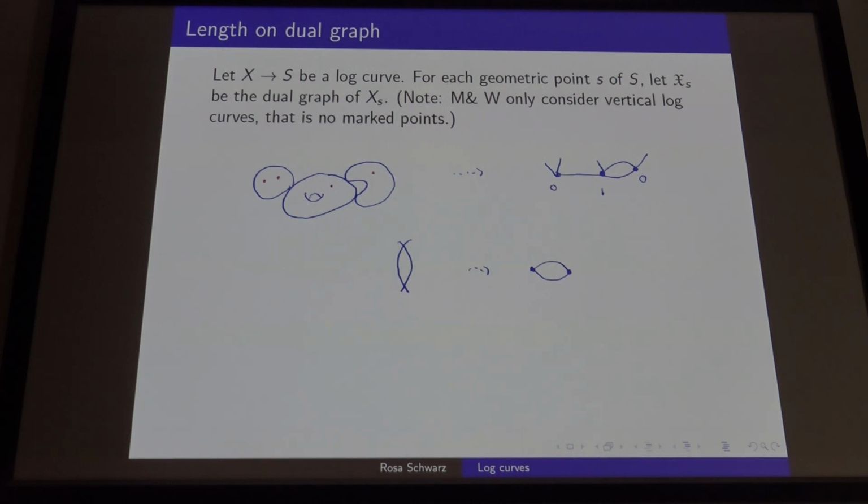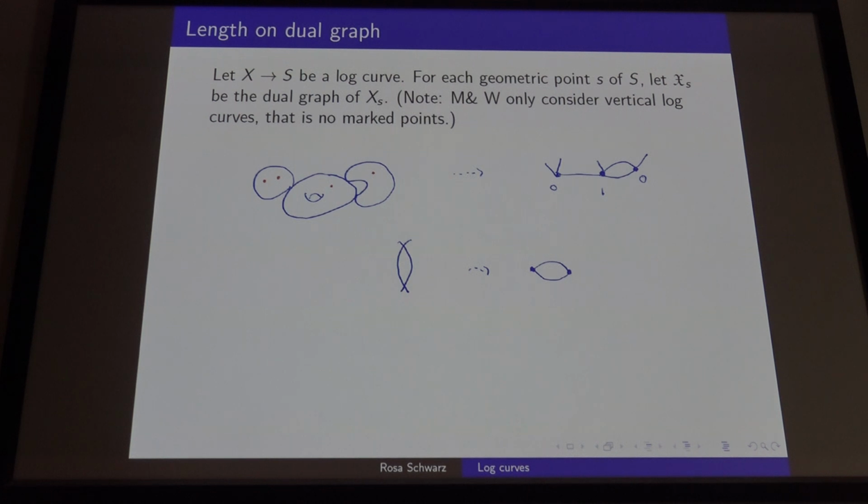In general, one would call the dual graph where you would take a node for each connected component, and you would give this node a weight, namely the genus, and then you would draw an edge between nodes if there was a node, an intersection of your connected components. And you would draw half edges for your marked points.